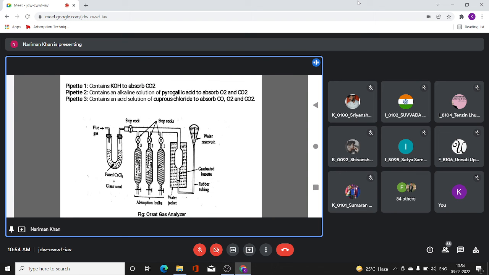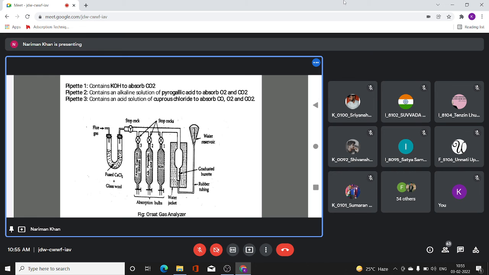However, it has the tendency to absorb all three gases: carbon monoxide, oxygen and carbon dioxide. But here it is going to absorb only carbon monoxide, because carbon dioxide has already been absorbed by the KOH pipette and oxygen by the pyrogallic acid pipette.